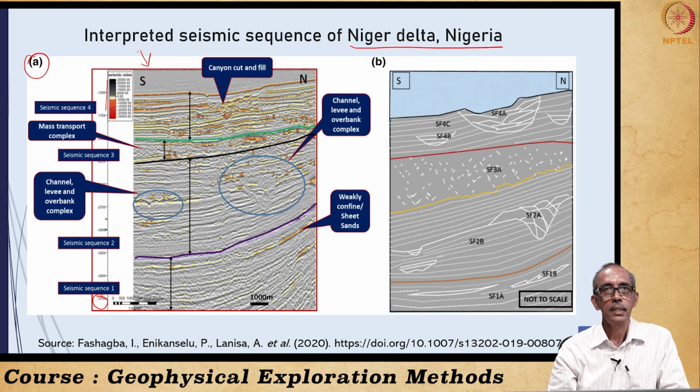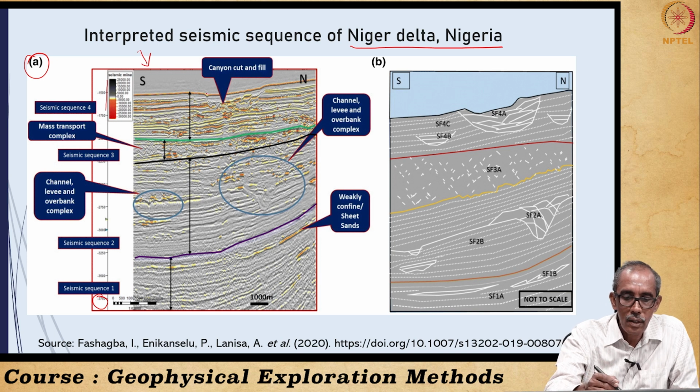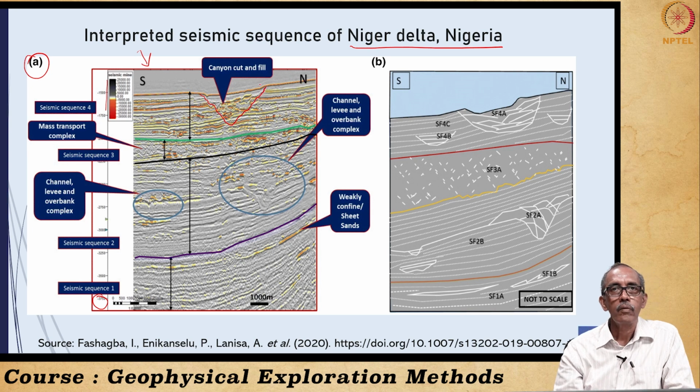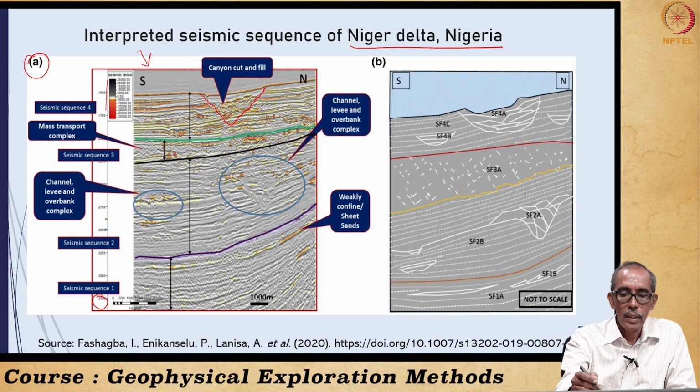From the seismic section, the geologists or geophysicists combinedly have interpolated these sections and annotated them. That means here you can see something like a canyon cut. What does it indicate? Possibly across this, that means this is north and south, there might have been a river running, and it has cut this.